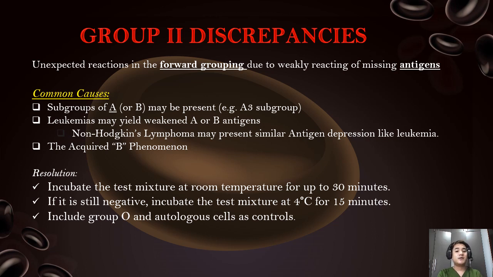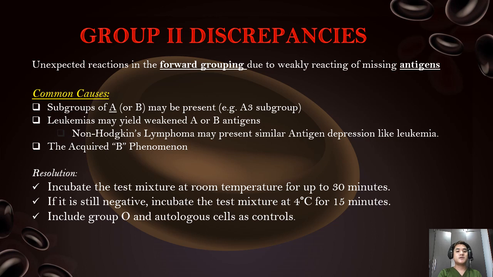One significant clinical correlation to your hypogammaglobulinemia is the non-Hodgkin's lymphoma that actually mimics the clinical signs of the antigenic suppression seen in leukemias. And lastly, your acquired B phenomenon, which was already explained in detail from our recent slides.